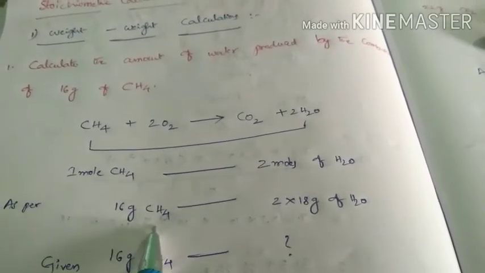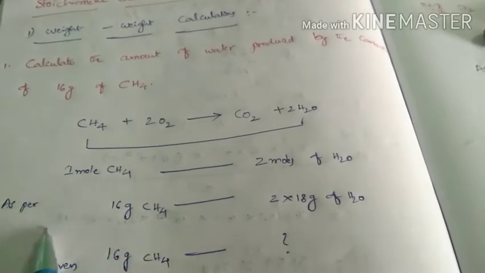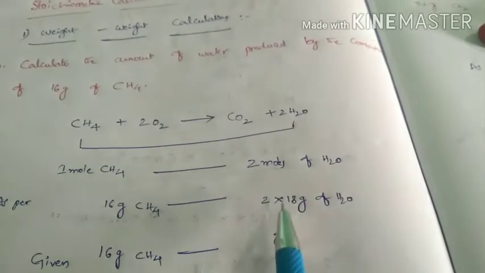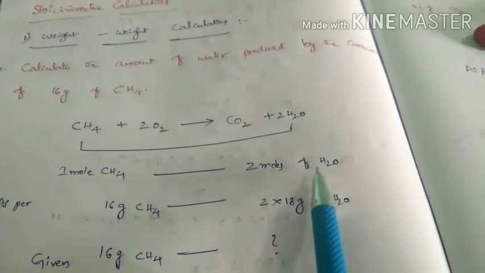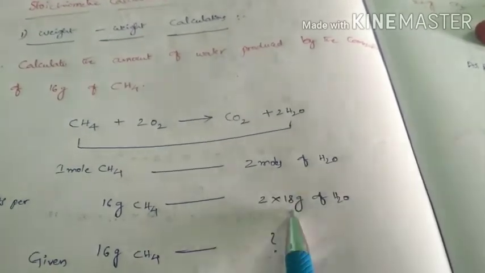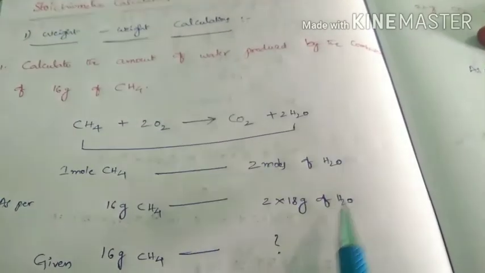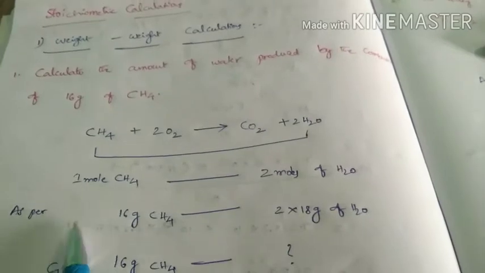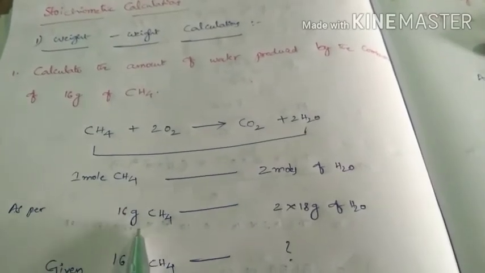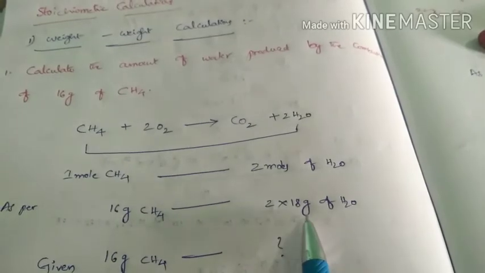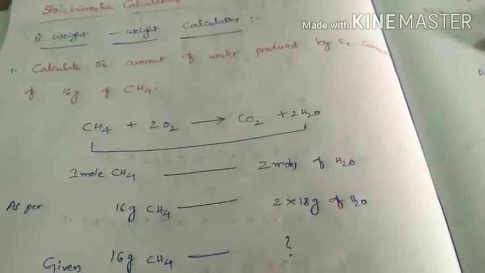So for 16 grams of CH4, how much water will be formed? 1 mole H2O is 18 grams, here 2 moles H2O, so 2 into 18 grams of H2O will be formed. As per the equation, 16 grams CH4 gives 2 into 18 grams of H2O.